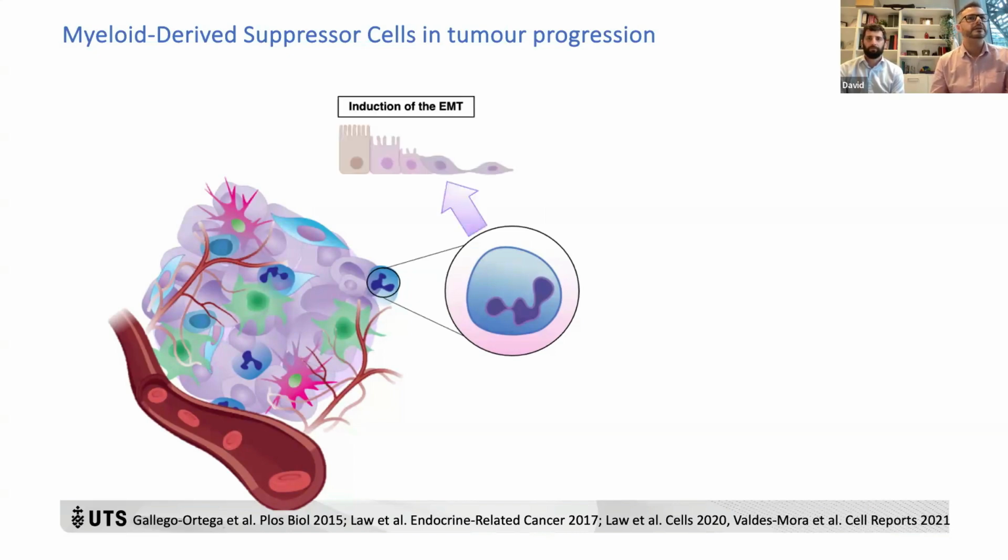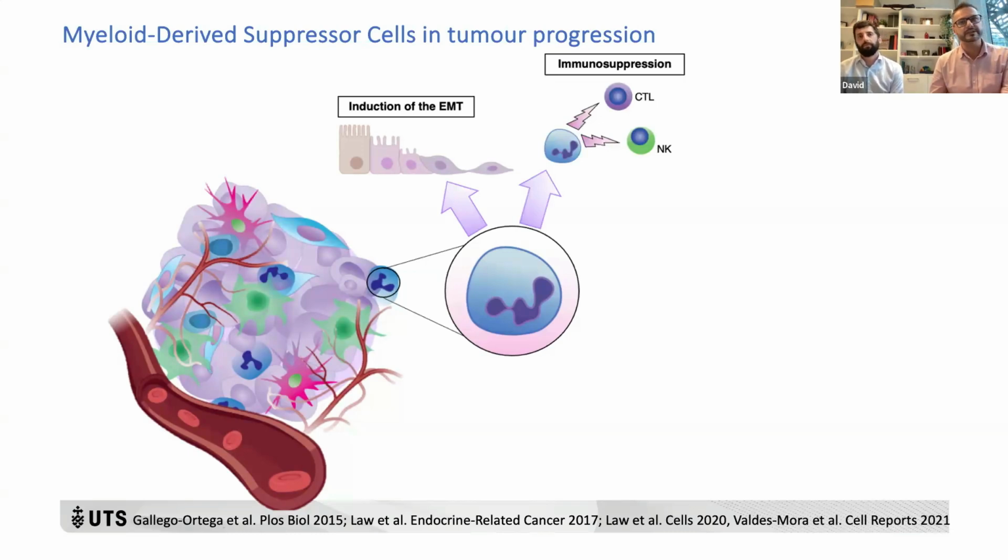They are able to induce EMT and favor the invasion of the cancer cells through the stroma. They, of course, do immune suppression. That's their main role, where they target cytotoxic T cells and natural killer cells and prevent them from rejecting the tumor. They are ECM remodelers.